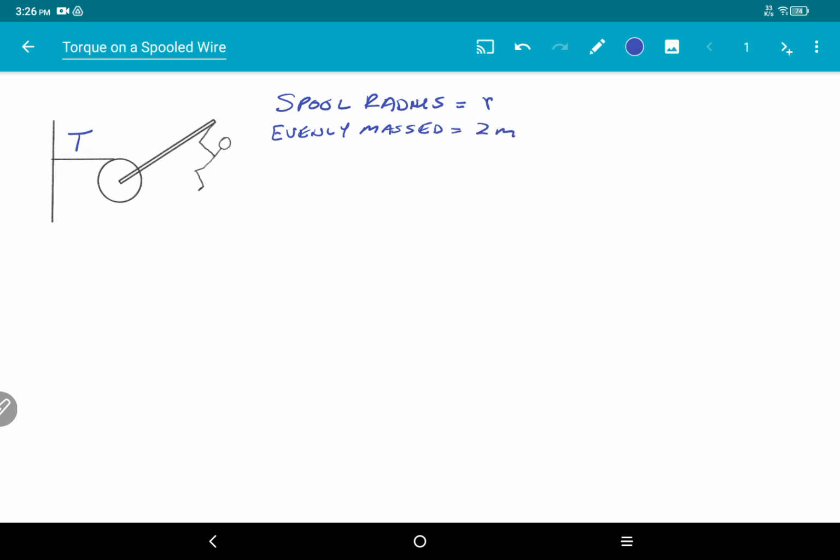Yes, AP Physics loves variables, so we're going to do this with variables. Let's give the length of this bar a length of 3R, okay? And the mass of the person, let's make that 10 times M, okay? So I think we have everything we need.